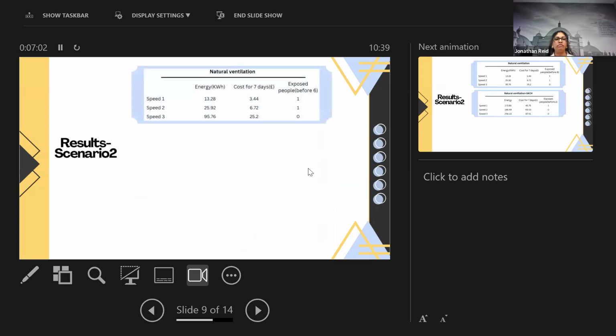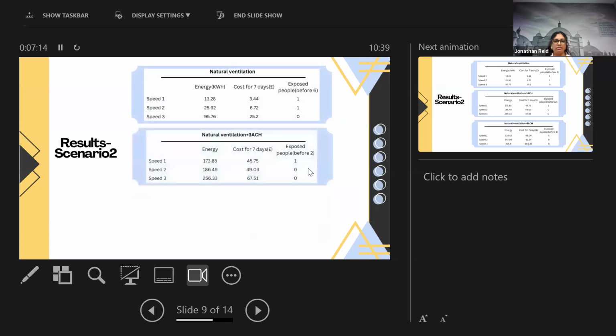So scenario 2, where the air cleaner was placed in all occupied zones. With speed 3, we see that with £25 weekly, the exposed people reduced from 6 to 0. Similarly, for natural ventilation plus 3 ACH, for speed 2 and speed 3, it reduced to 0 with approximately £50 to £70 weekly.